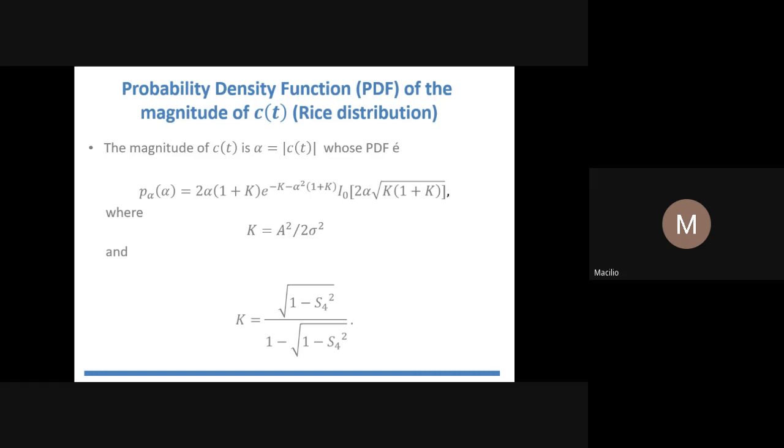In this equation we have this factor K that is related to the S4 index. This model is very simple, but it agrees very well with the empirical data.